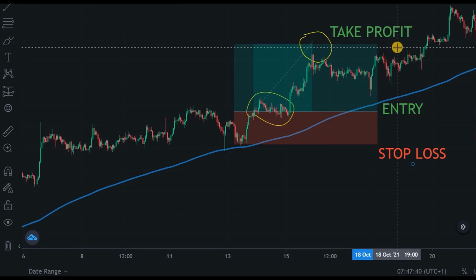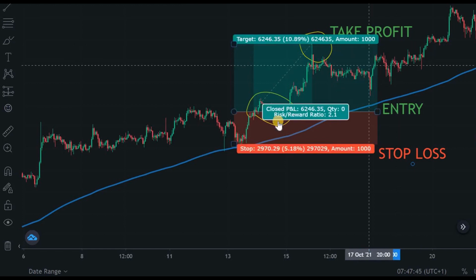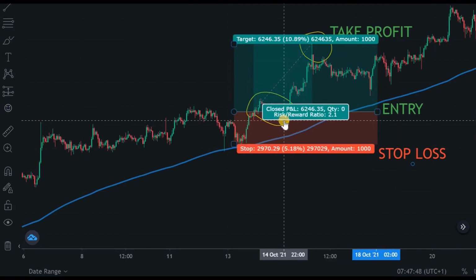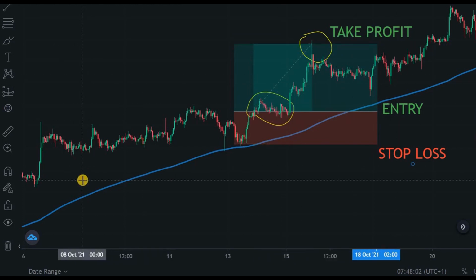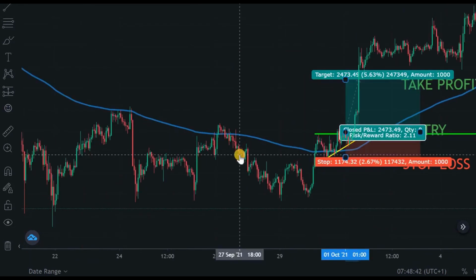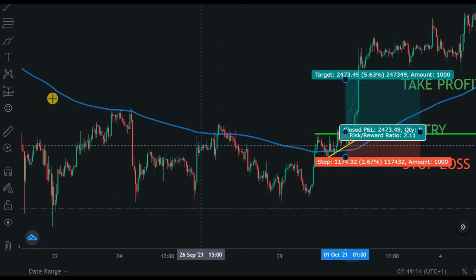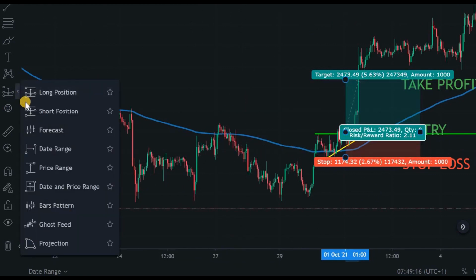Before I end this video, you should know that you can also use this risk to reward ratio in a short position. If I go to the previous price action, this right here is a downtrend, and if I was to enter a short position, this is exactly how it would look like. Select short position right here.